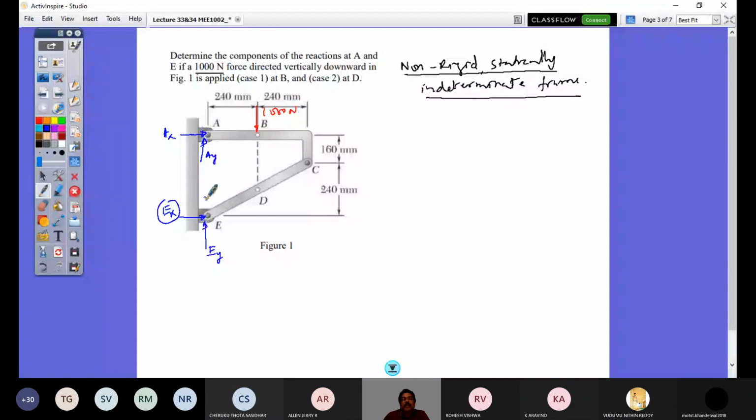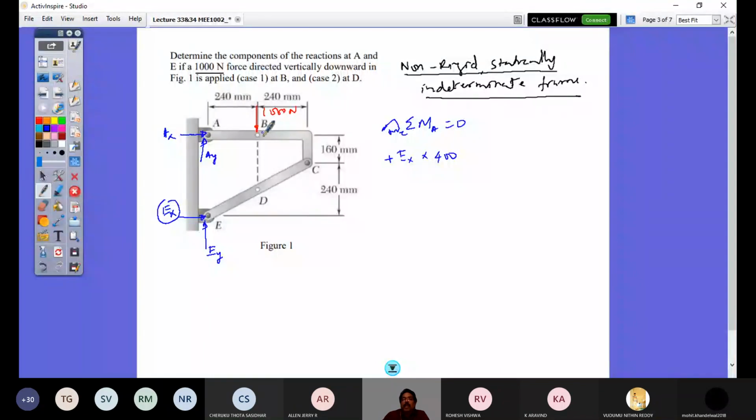If I do that, I would get Ex into this height, which is 400 mm, and that creates a counterclockwise moment about point A, so this is positive. And then look at the 1000 Newton force at point B, and this distance 240 is the moment arm, creating a clockwise moment, so minus 1000 into 240, equal to 0.